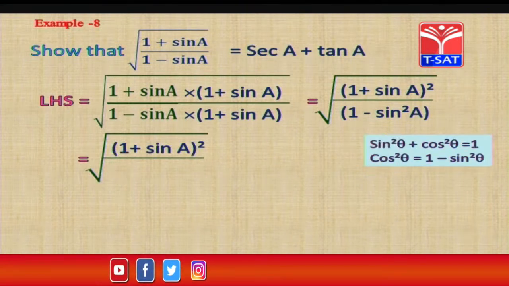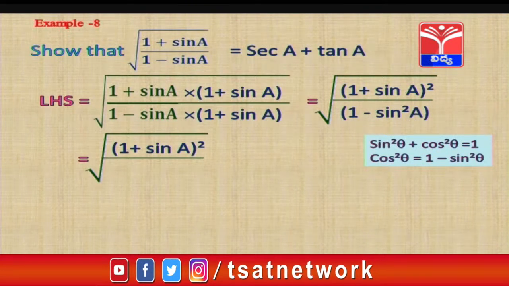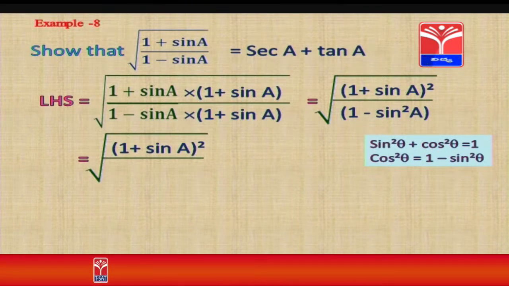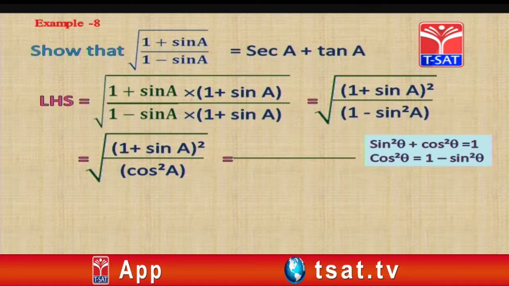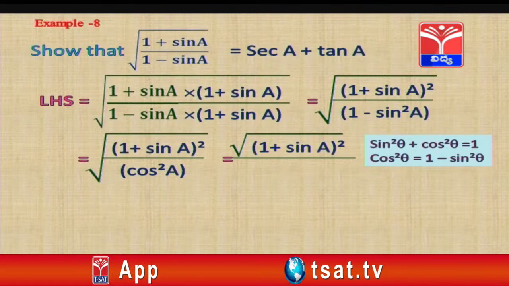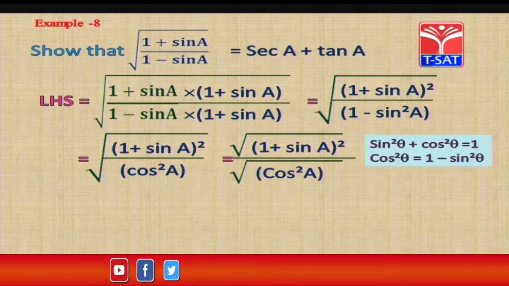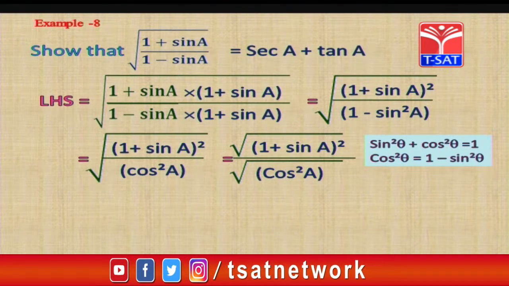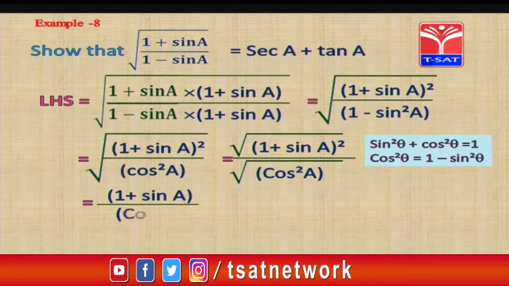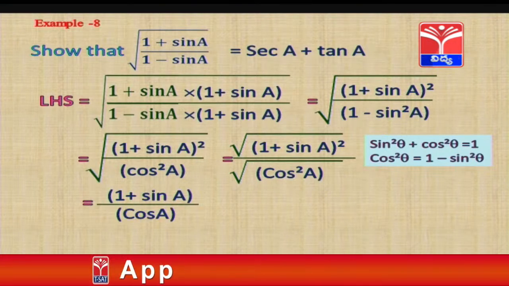Please see, I am going to use the identity where cos square theta is equal to 1 minus sine square theta. That means, in place of 1 minus sine square a, I write cos square a. Numerator as well as denominator with under roots, under root of 1 plus sine a whole square by under root of cos square a. So, if you remove the roots and squares by cancellation, what do you get? 1 plus sine a by cos a.